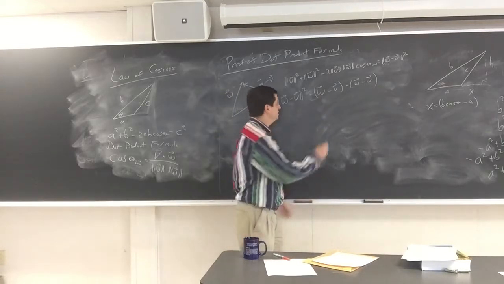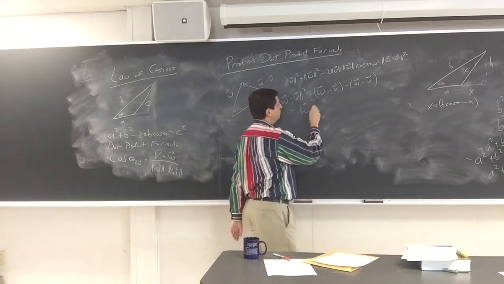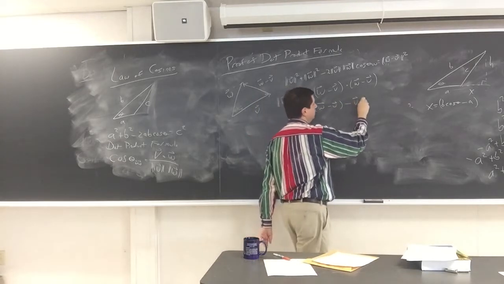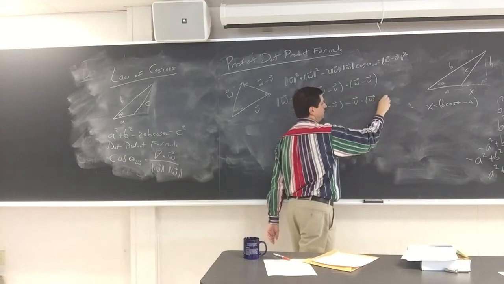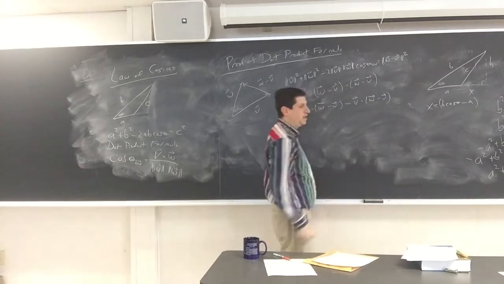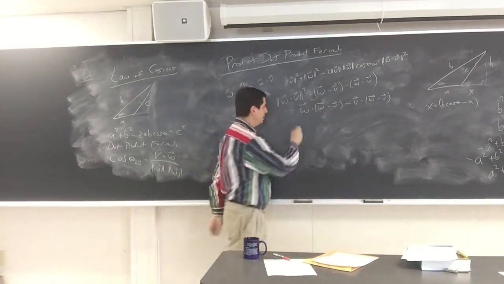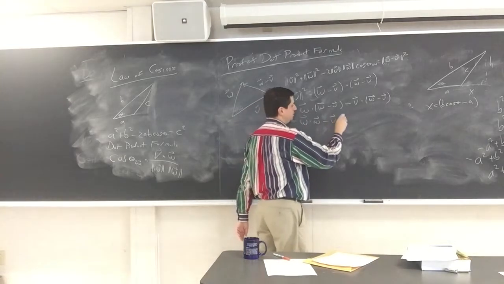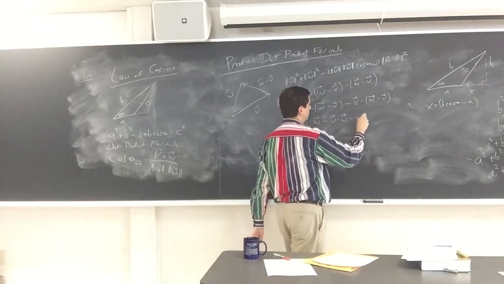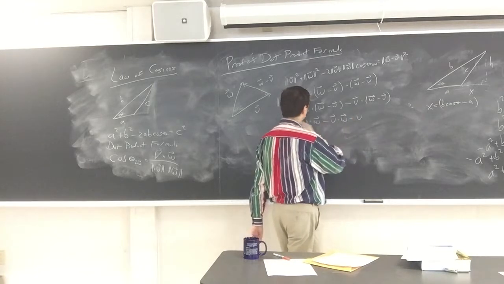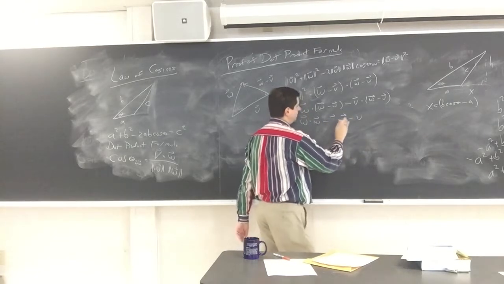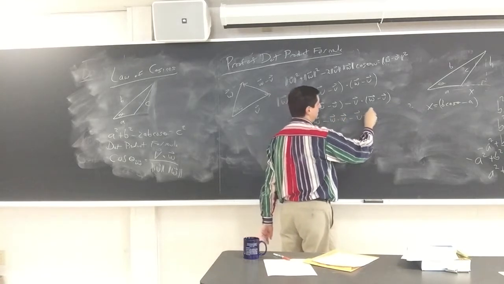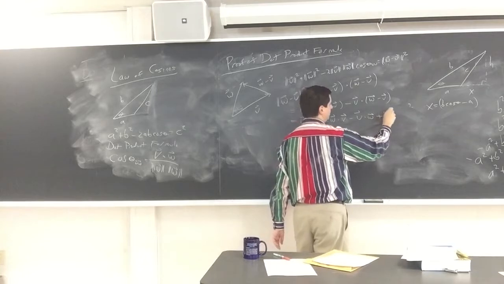That this is the same as w dotted with w minus v, dotted with w minus v. And then over here I use the distributive property again, and I'll get w dot w minus v dot w minus, oh sorry, this is w dot v. And the next one is v dot w, and then the minus and the minus becomes plus v dot v.